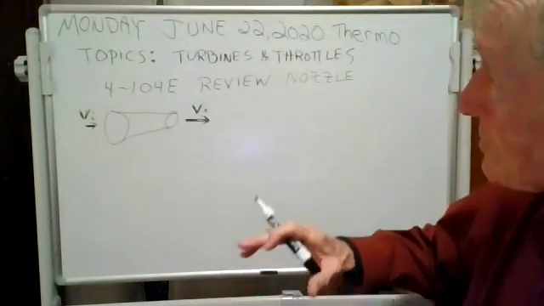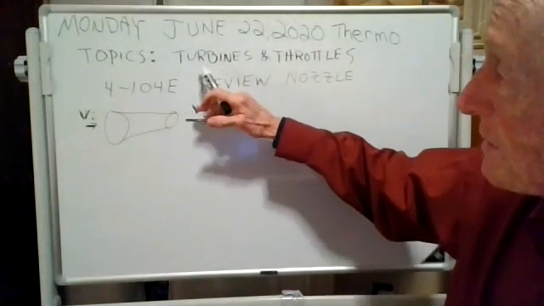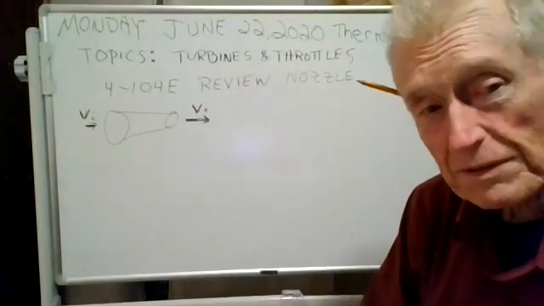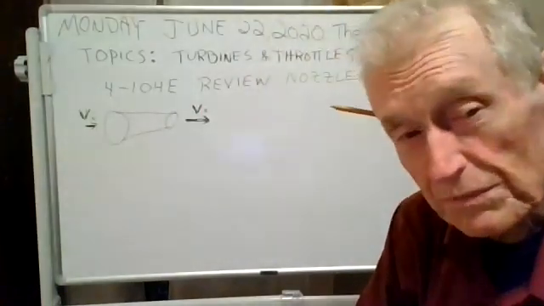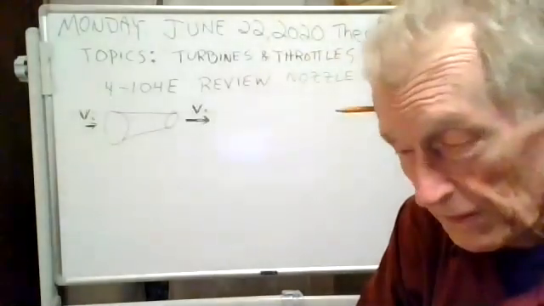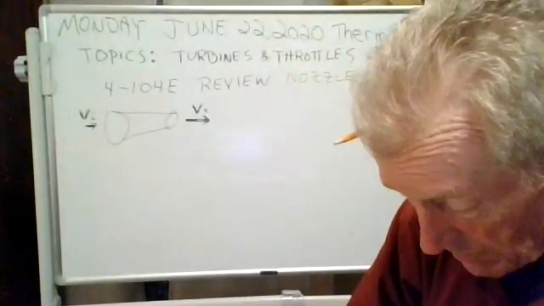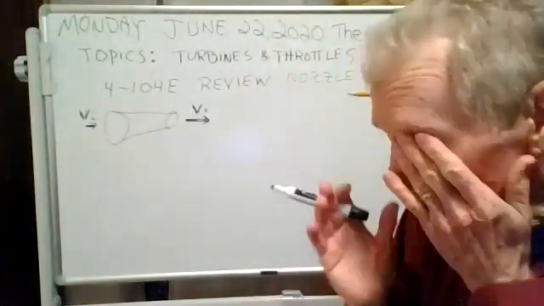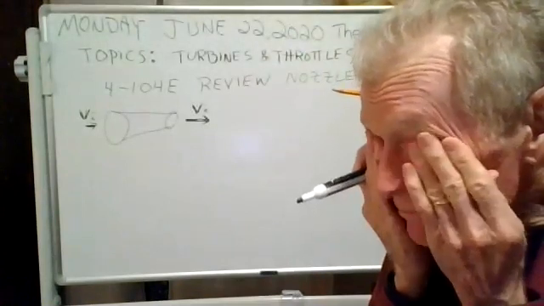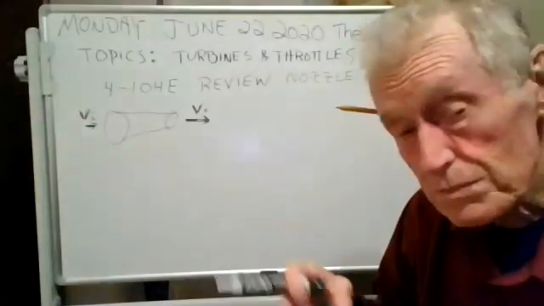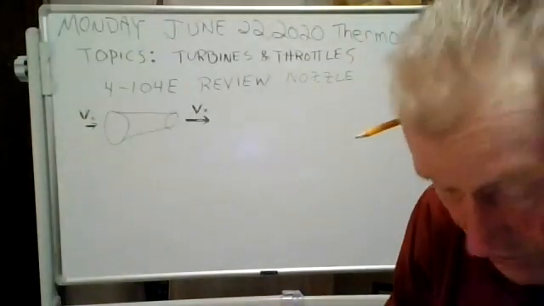Now today we're going to study turbines. Turbines are different. The purpose of a turbine is to provide power. That's why you have turbines. They have a water turbine at the dam, the Keystone Dam, and it spins and turns a generator and provides electricity.